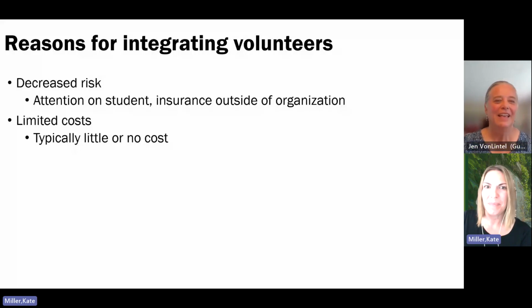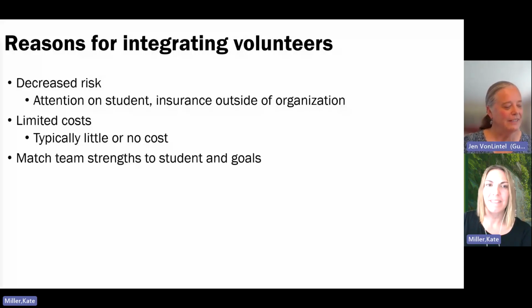Fantastic. Okay, so our next bullet on this is that we can match team strengths to the student and the goals. So when I'm working with my own dog, he has his own strengths, and they don't always align beautifully with every student's goals. As an example, I worked with a dog who loved the active interactions, but a reading intervention goal where he's just sitting on the floor and listening was not his cup of tea.